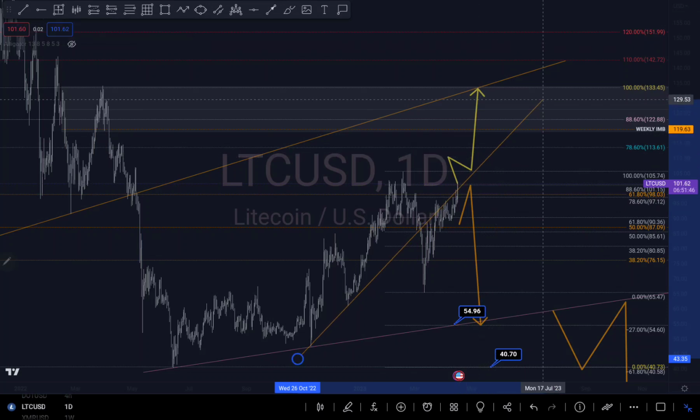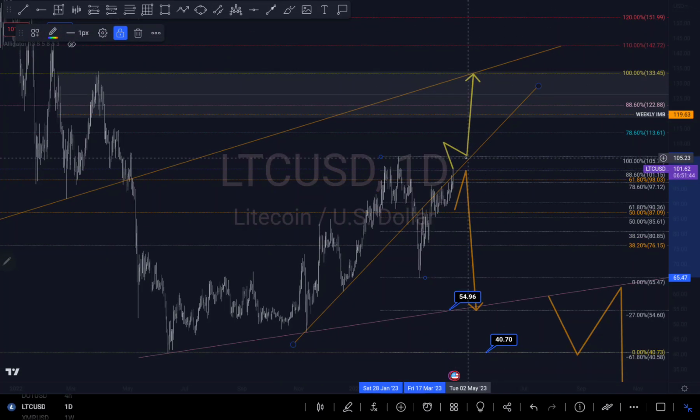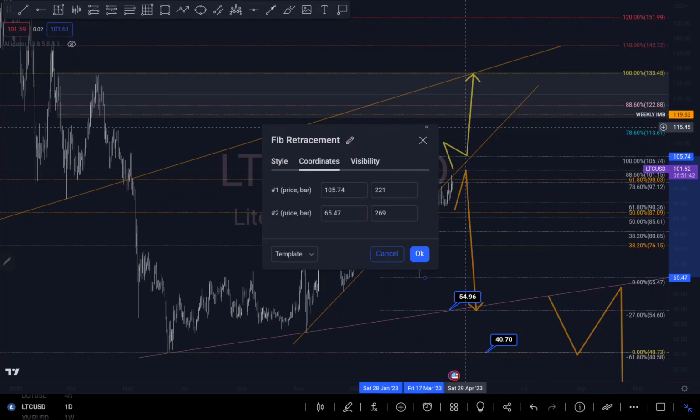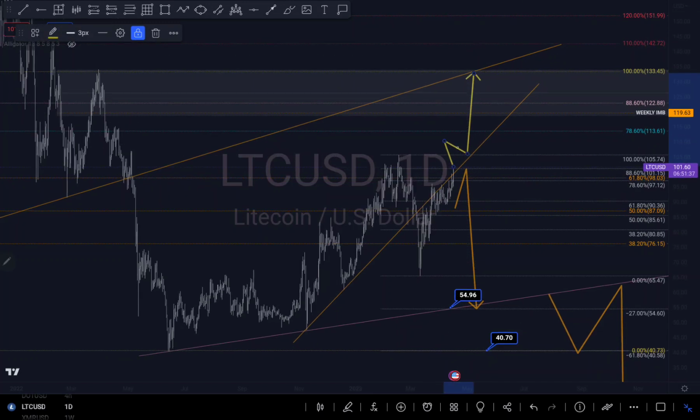So that's my other possibility that might happen. That is what I think in general might happen. So as long as we are still here, we are still fine on a downtrend. If not, then we might push up to the next trend line right here to retest this trend line. So that's just my overall picture on Litecoin.